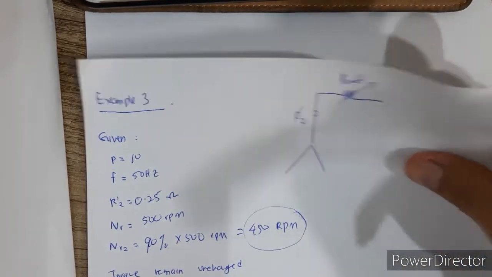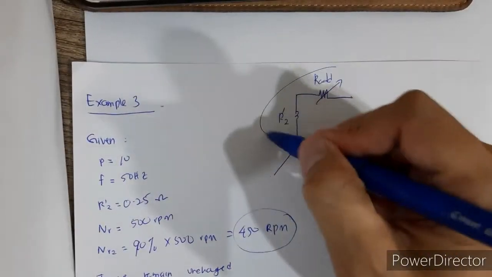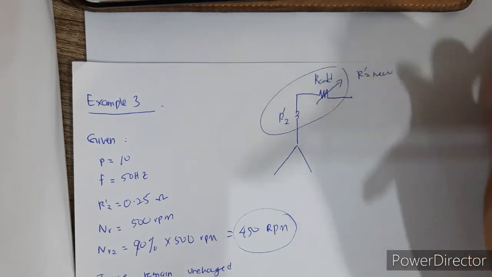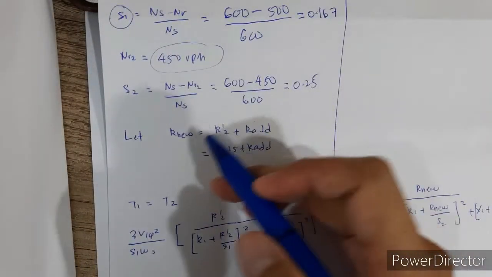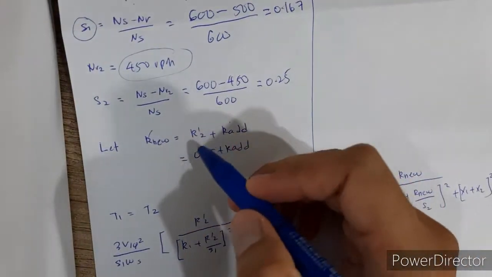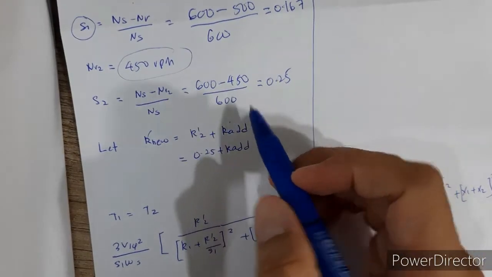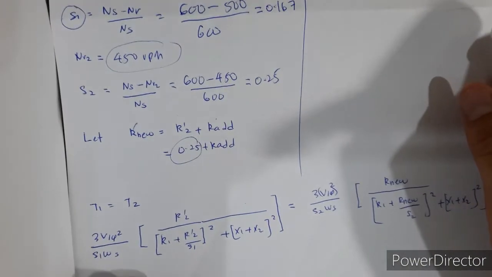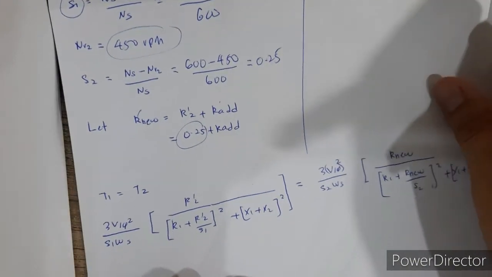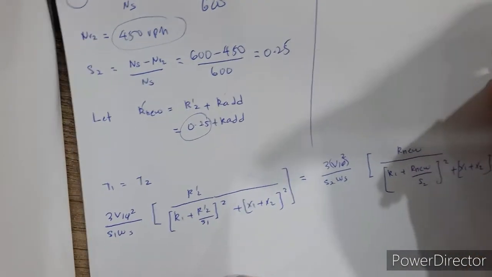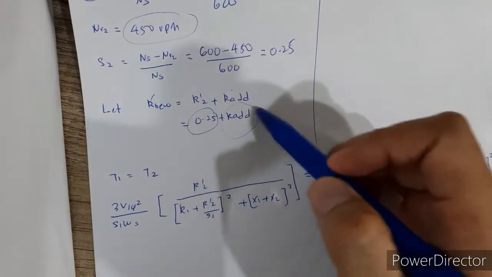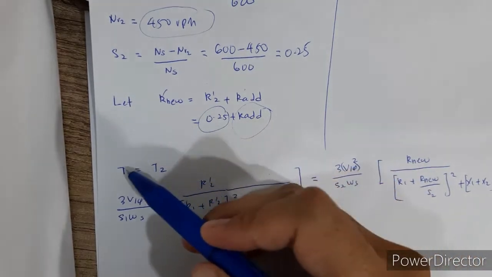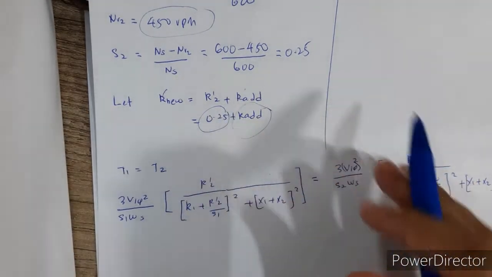So we assume this one is R'2 new. R'2 new is equal to R'2 plus R add, where R'2 given is 0.25. Then we determine this R add by using T1 equals T2, so torque at condition 1 equals torque at condition 2.